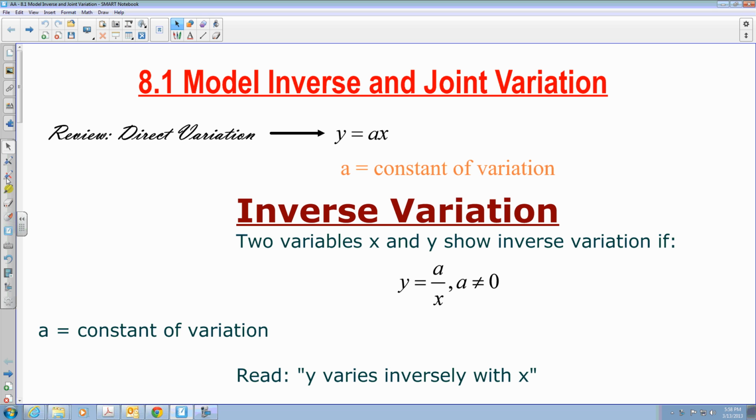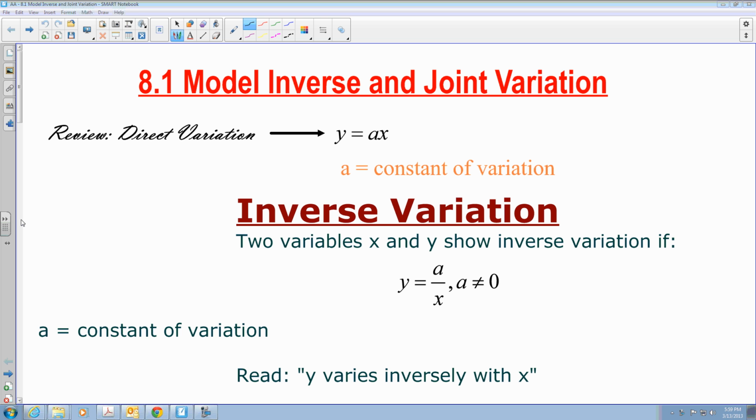Okay, we're in section 8.1, which deals with modeling inverse and joint variation. Chapter 8 deals with being able to look at rational functions.